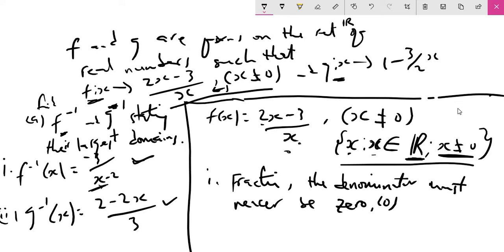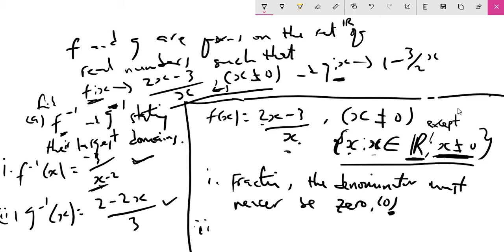This is very important, because if it is 0, it will make it undefined. So whenever there's a fraction, that should be the first thing you do. You should look for the value of the variable that can make that denominator 0. If there's a value that can make it 0, then when you are writing out your domain, you have to make that exception. Right here you can write except, or just use the semicolon, but then this also works.